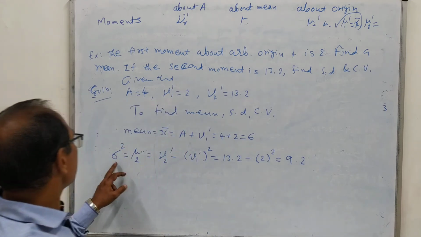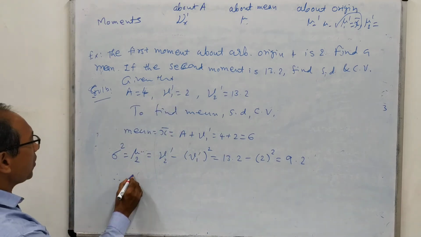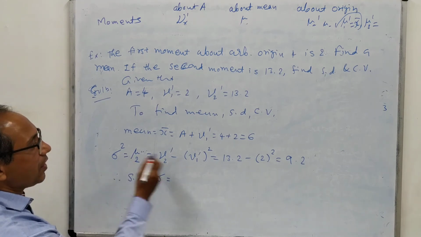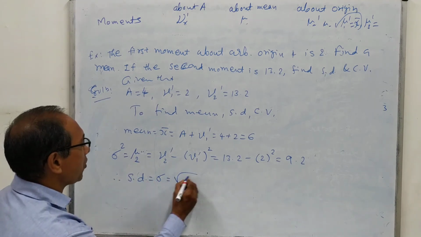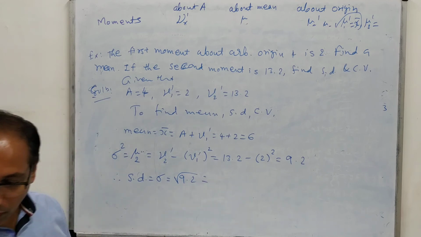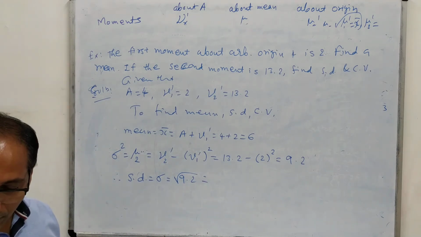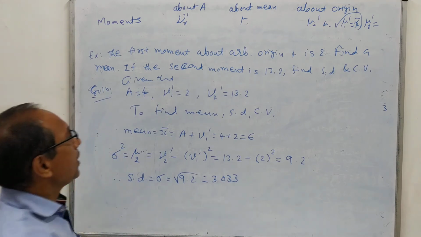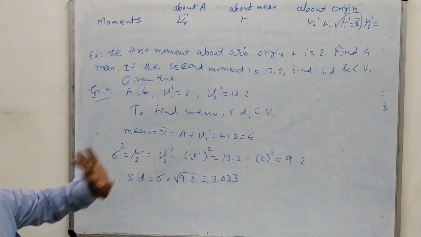So it is the variance. Therefore our standard deviation sigma is the square root of 9.2, which you can find as 3.033. So the standard deviation has also been obtained.